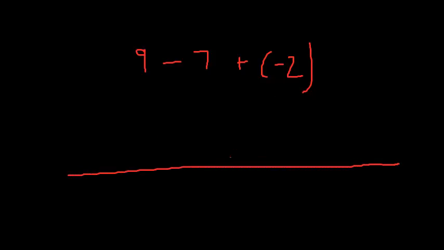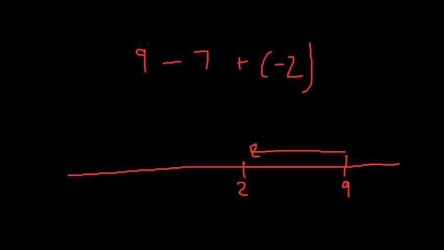We can also think of these problems as going along a number line. So if I had, say, 9 minus 7 plus a -2, let's go and work this out using a number line. So on my number line, if I start here at 9, minus 7 is going back along this number line 7 times. So we'll go down 7 to 2.